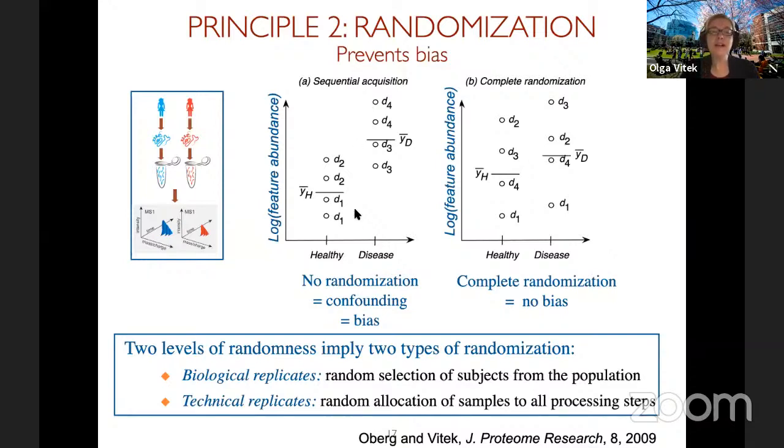And so randomly allocating subjects to all the days will inflate our variability, will inflate our uncertainty associated with the overall process, but at least it will not have the bias. And so because again, we have two sources of randomness, we have two types of randomization. We need to randomly select subjects from the population, and we need to randomly allocate all the samples to all the processing steps.